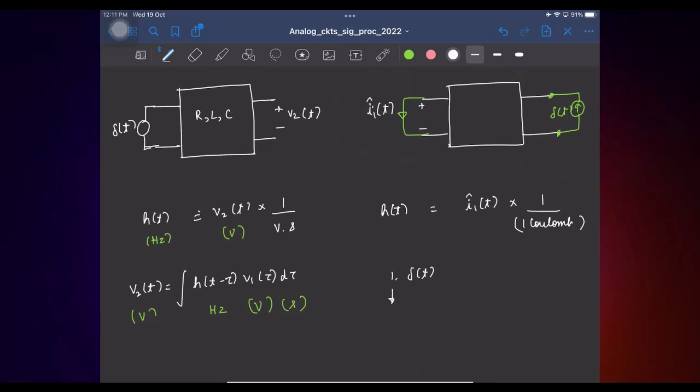So when I say delta of t, it just means I am putting in 1 coulomb of charge instantaneously into the network. So this is a fine point to note. If you were to find the impulse response when you are applying a current and measuring a current, you measure the current, and dimensionally to be consistent, you will have to multiply by 1 coulomb.